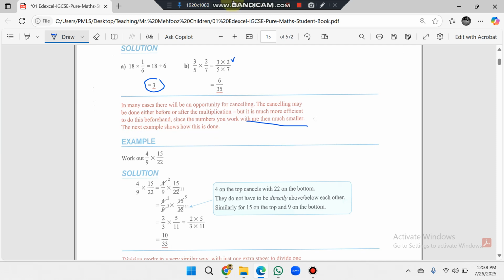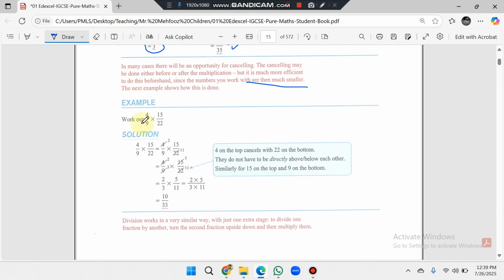When we multiply some fractions, sometimes we get a fraction that is not simplified. So we have to cancel out the numerator and denominator, after or before multiplication, to get the simplified answer. So here is the example: 4 over 9 multiply by 15 over 22.